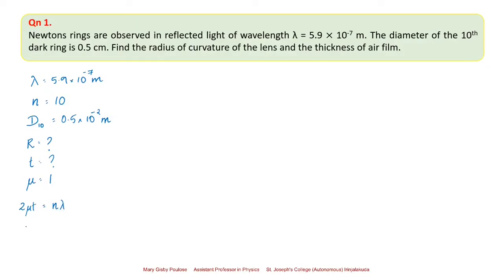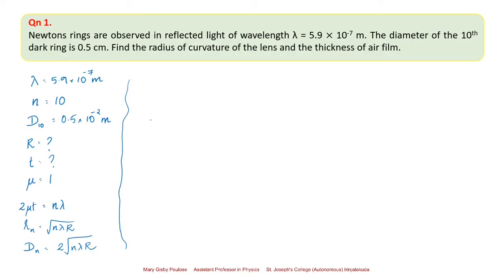And here the radius of the nth dark ring is given as Rn is equal to square root of n lambda r. We have this from the theory. Since the diameter is given here, let us write the diameter of the nth ring as twice Rn, that is twice root of n lambda r.